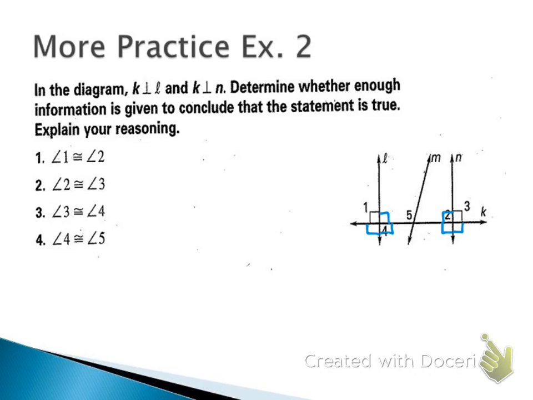So what do we think about angles 1 and 2? Why? They're both right angles. Both right angles. All right, let's move on. Angles 2 and 3. Yes, why? Again, they're both right angles.